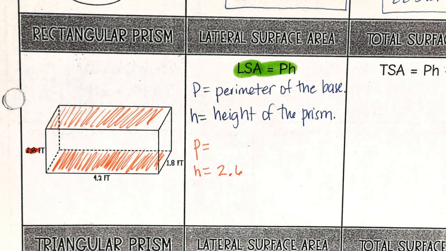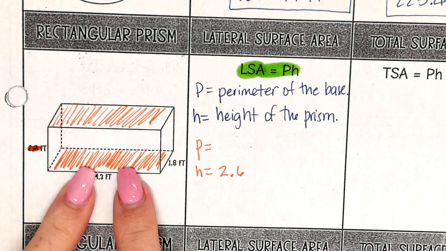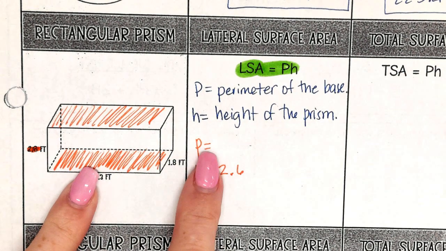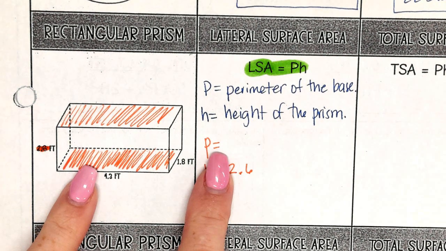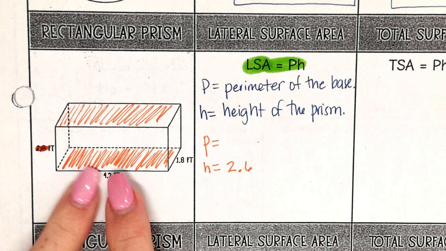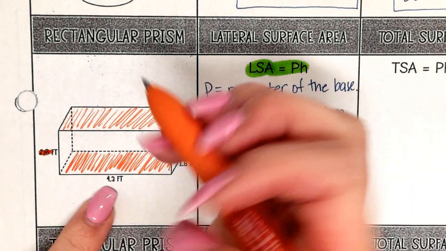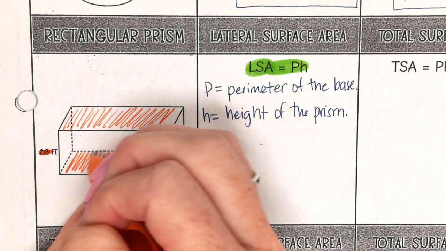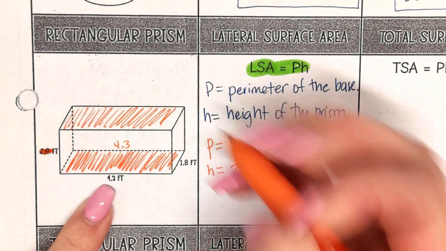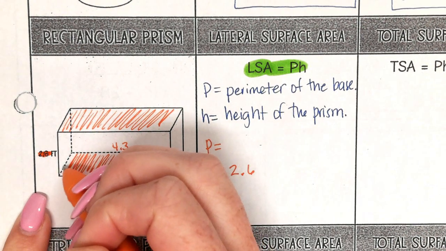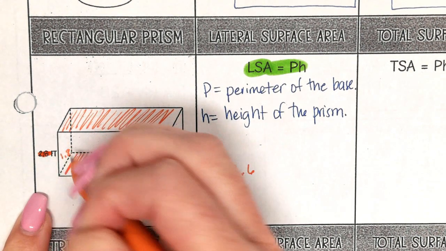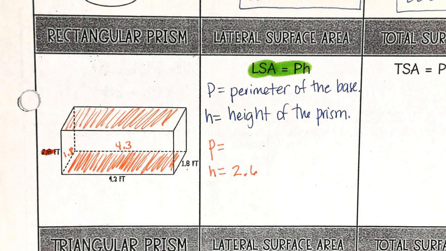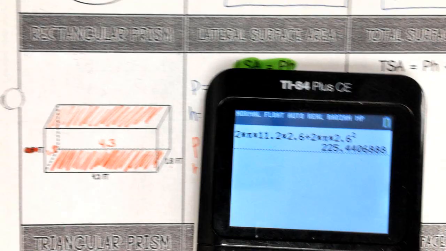Because capital P only refers to the base. Here's the base. It's a rectangle. How do you find the perimeter of any shape? Add all the sides. So if this is 4.3, what is this over here? 4.3. If this is 1.8, what is this right here? 1.8. So to find the P, the perimeter of the base, you're going to add all those sides.